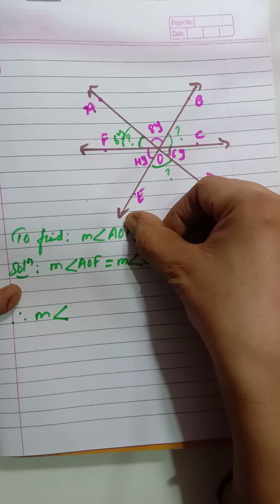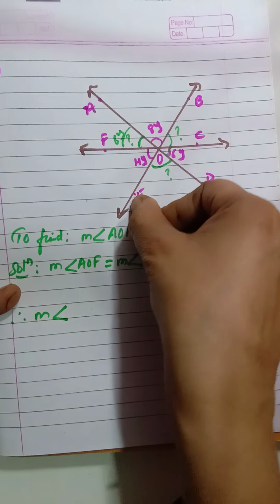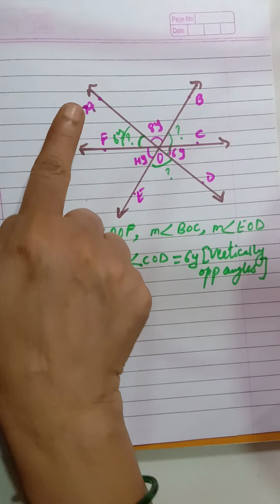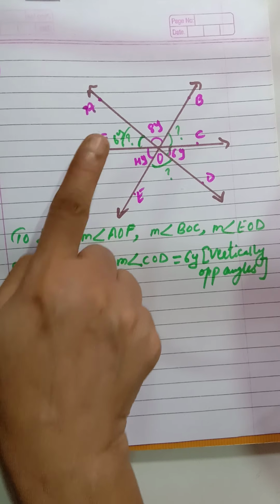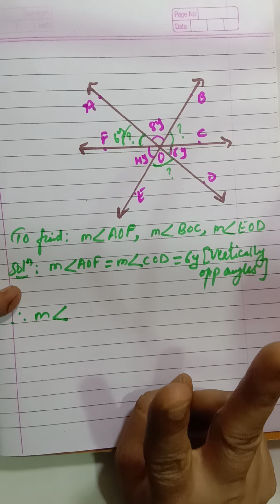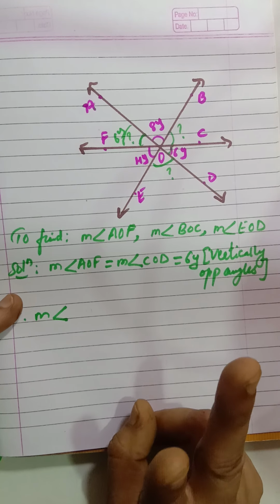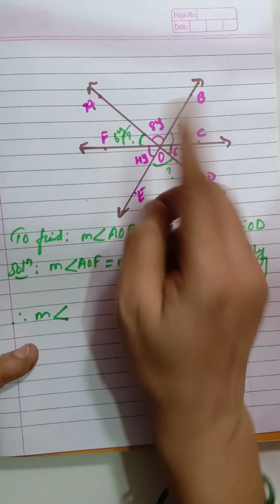So what is this? You can see angle AOE. This is made up of 2 angles, AOF and FOE, right? Or you can say EOF, anything.